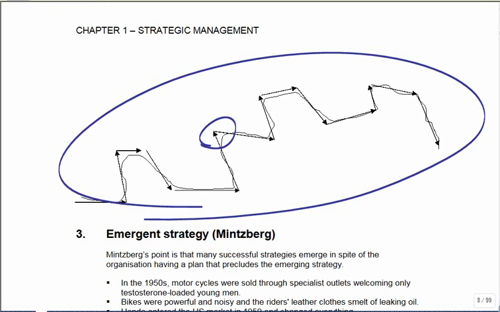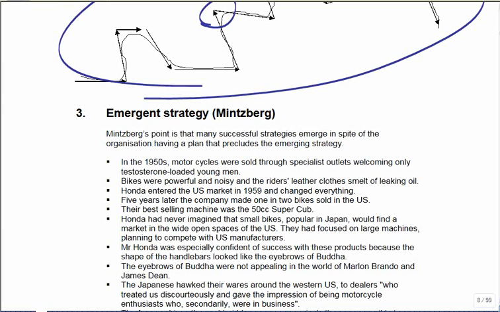Right, the third approach is described as emergent strategy. Now, even if you go for the more formalized rational strategy that we mentioned on the previous page, that doesn't necessarily mean that that's all you'll end up doing.